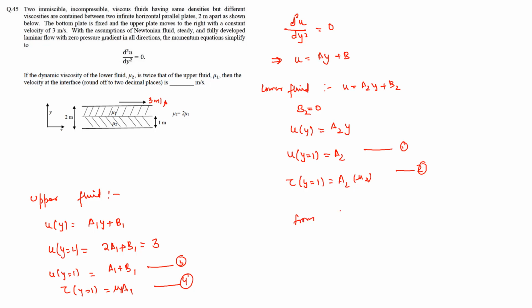From 2 and 4 we can write a2 mu2 is equal to a1 mu1, and since mu2 is equal to 2 mu1, we can write a2 times 2 mu1 is equal to a1 mu1, and then a1 is equal to 2a2.